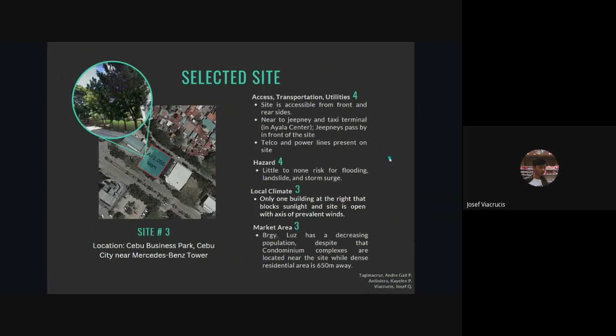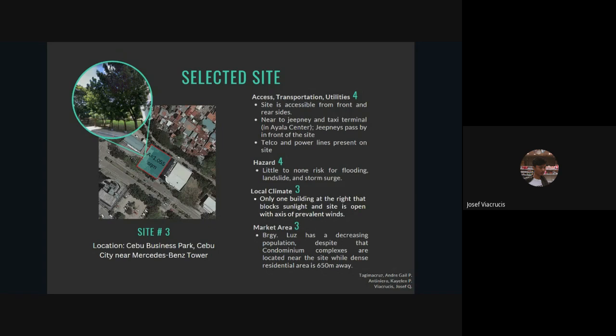It has access at its front and rear. It is near the jeepney and taxi terminal in Ayala, so transportation is abundant. With roads at its front and rear, telco and power lines are at its front and rear also.